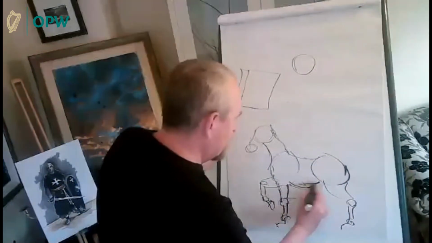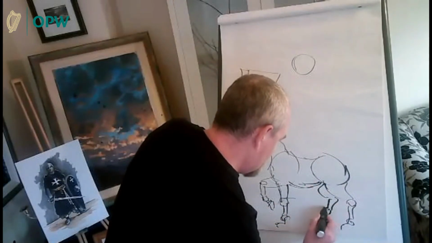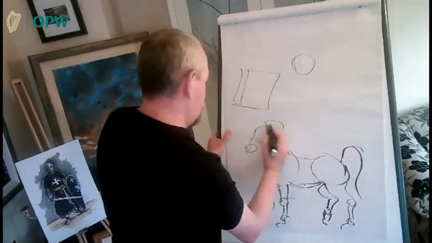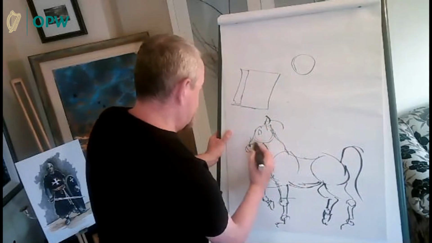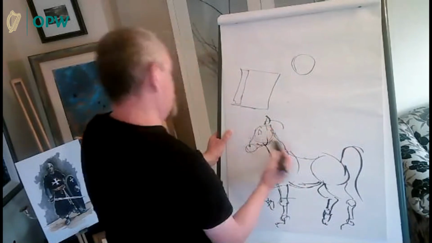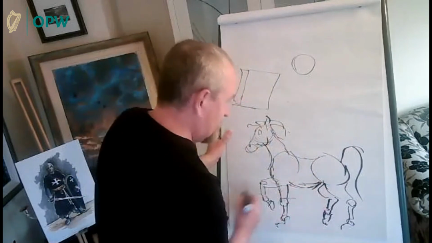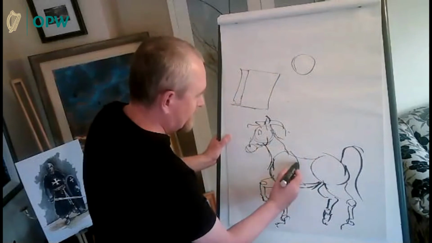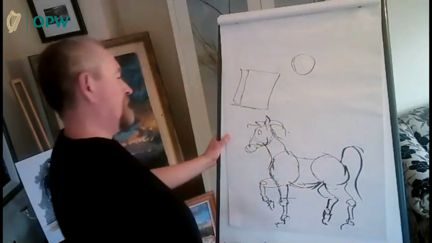This is kind of how you rough out your drawing. Surprise looking horse. So this is how rough drawing works, and it's using these circles to come up with a horse.